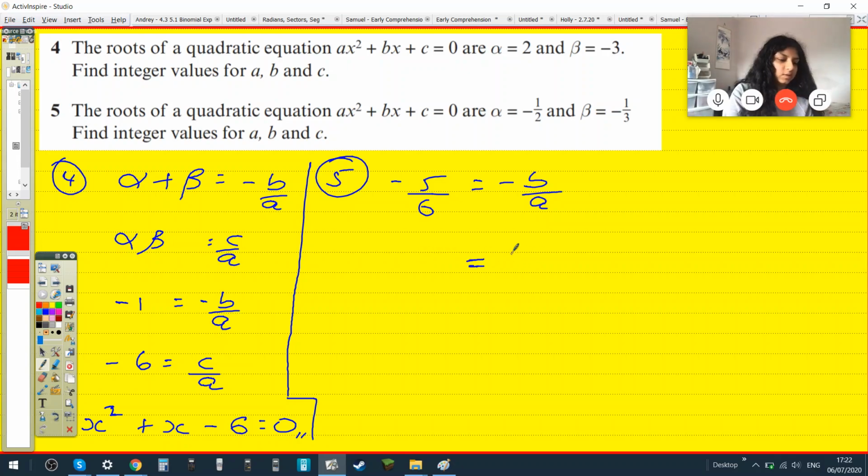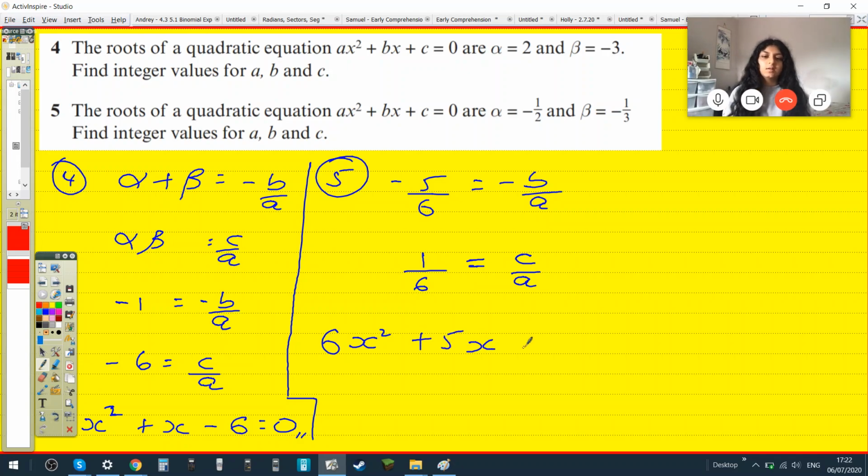And multiply, this 1 over 6 is equal to c over a. So 6x squared plus 5x plus 1. That's it.